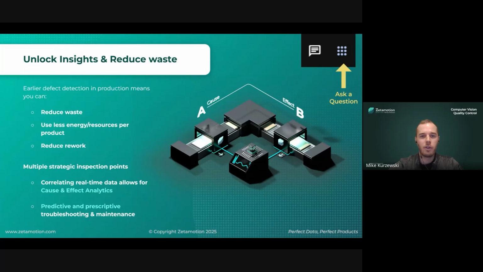And the true value gets unlocked when you start having multiple stations along your line. If you have a long production line or long production process, having multiple stations throughout the process can unlock some correlations in the inspection results at each station. So where something might present itself at the first station really early on in production, it might be detected at the second station towards the end of production as a defect.